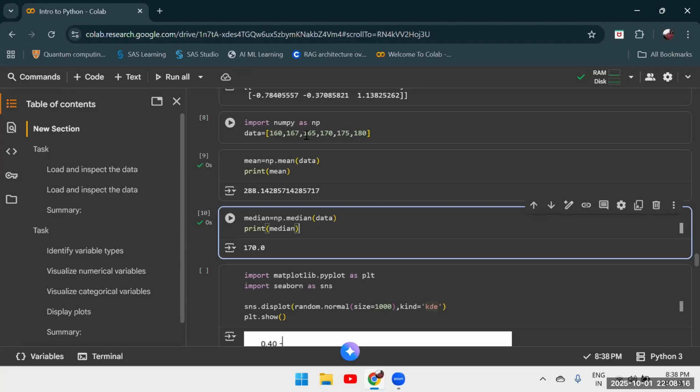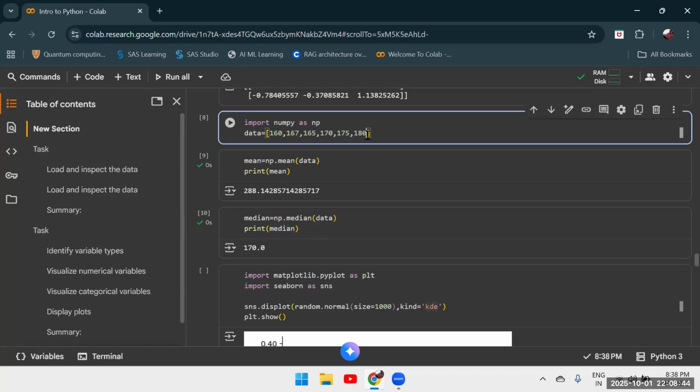It takes the third and fourth values, divides by 2, and computes the middle value. Whatever the middle value is for these numbers, it computes the median based on that. Now I'll show you when outliers are there.